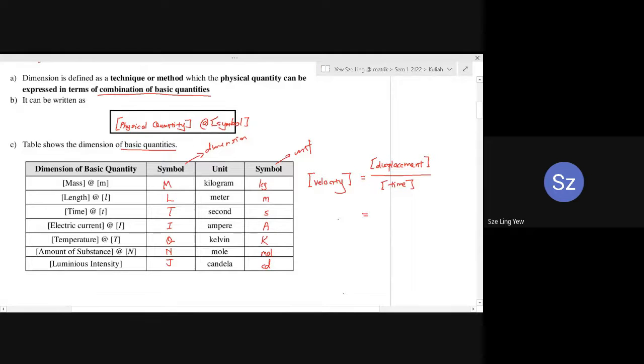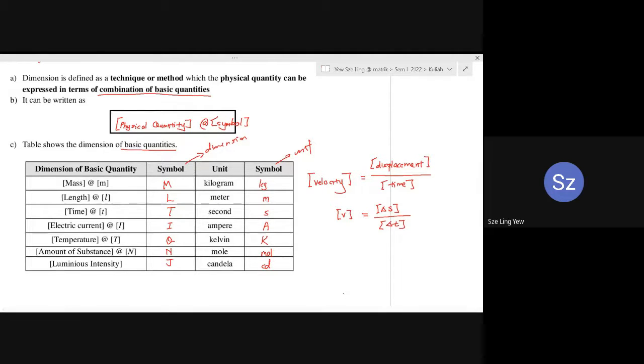The symbol for velocity is v. The square bracket represents that you're still doing the dimensional analysis, still checking the relationship. So the change in displacement is del s, or you can just write s, I suppose. And then the change in time, del t.